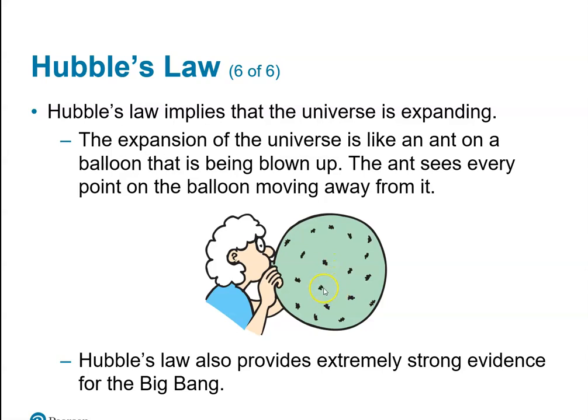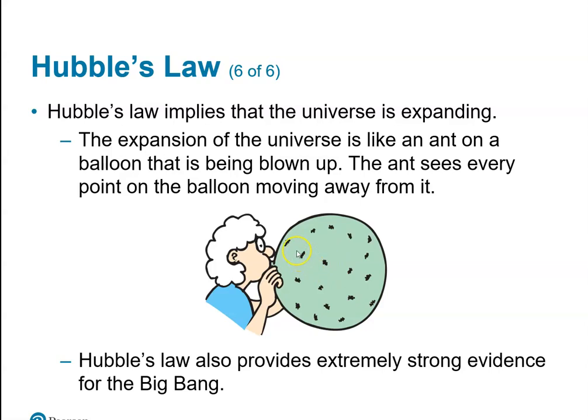so if you imagine, like, let's say that this is the Milky Way. Okay, so right where I have the cursor pointed, that's the Milky Way. So galaxies that are in this direction are traveling at a certain speed. They have a certain redshift. And then galaxies that are the same distance away in a different direction have the exact same redshift. All right. And then remember, this is us.